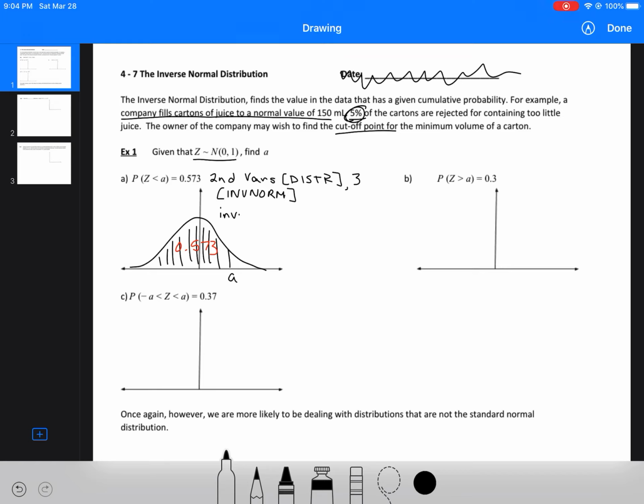On an older calculator, when you put in the arguments, you would have the area under the curve, so 0.573, and then the parameters for your distribution, in our case 0 and 1. When you calculate that, you get the answer that A is about 0.184.